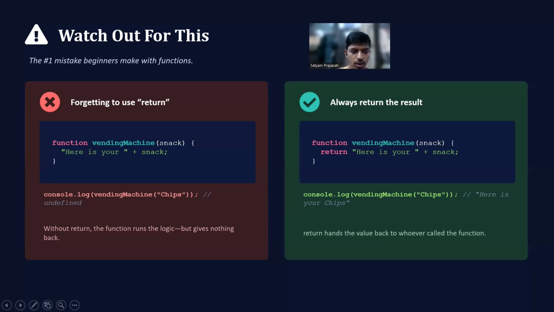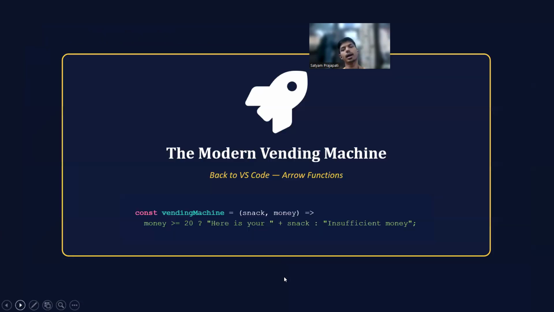And in modern days, the vending machine or the function is written in a different or shorter way. The shorter function is called an arrow function or lambda function. In one line, you just write const, the vending machine, and the snacks, in a shortened way.